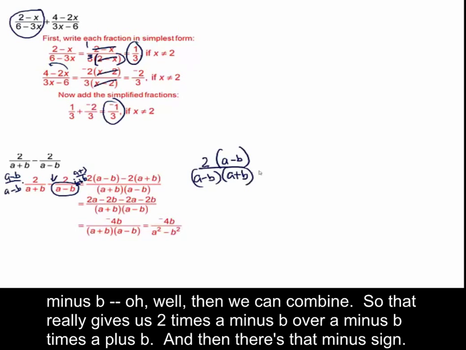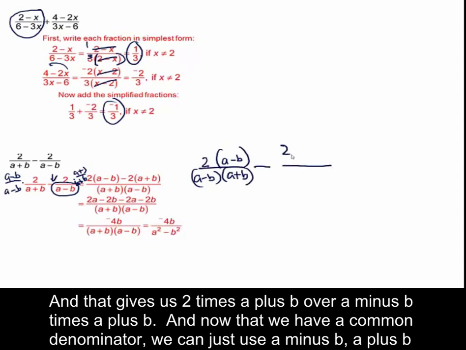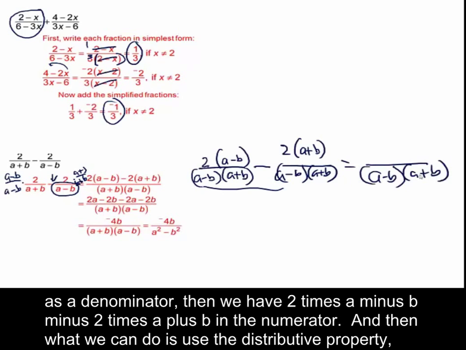and then there's that minus sign, and that gives us 2 times a plus b over a minus b times a plus b. And now that we have a common denominator, we can just use a minus b, a plus b as our denominator, and we have 2 times a minus b minus 2 times a plus b in the numerator.